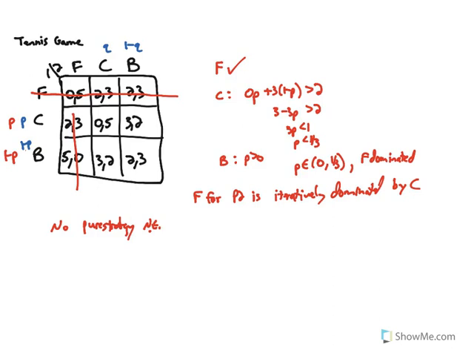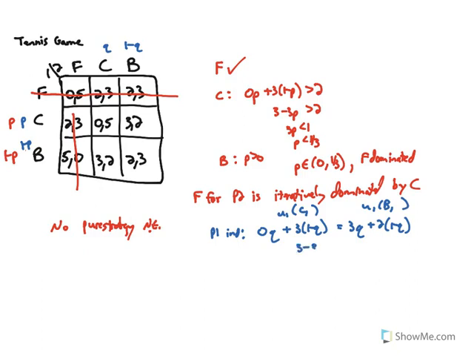Okay. All right. So to keep player 1 indifferent, we need for player 1 indifference that 0 times Q plus 3 times 1 minus Q, that's going to be the utility of playing C, we need that to be equal to 3 times Q plus 2 times 1 minus Q, and that's going to be the utility to player 1 of playing B, given the other player's mixed strategy profile.